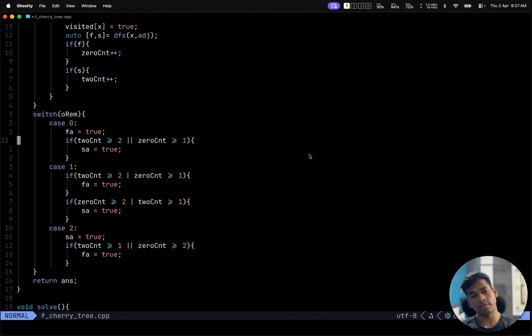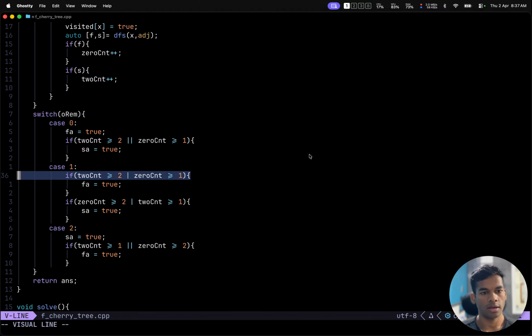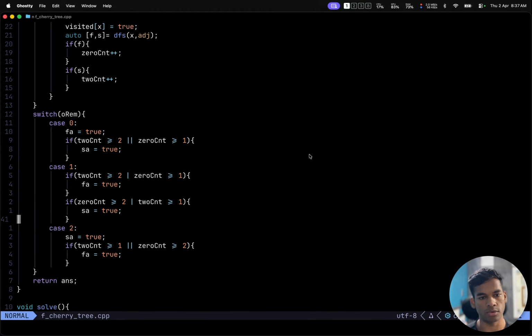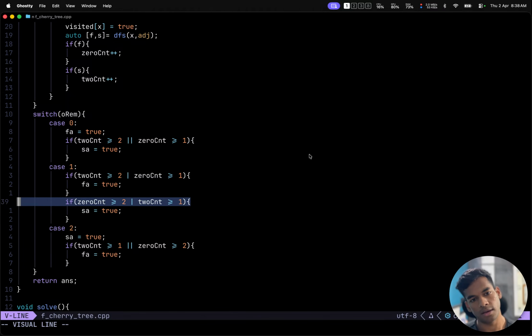And for SA, 2 count greater than or equal to 2, yes, increase by 2 or decrease by 1 gives the same thing. If 1, then either decrease by 1 or increase by 2 to get to 0, and to get to 2, decrease by 2 or increase by 1.